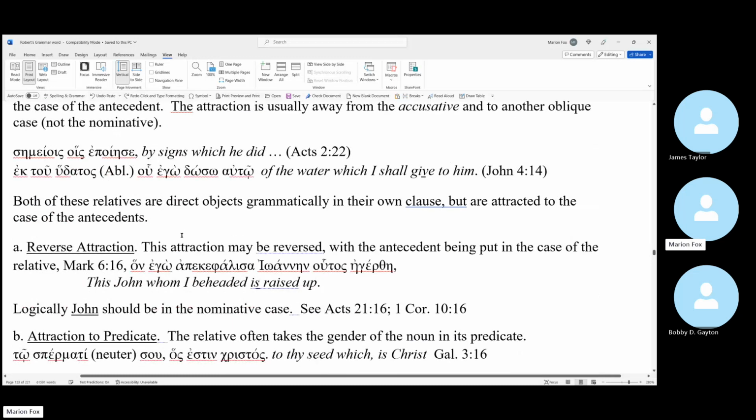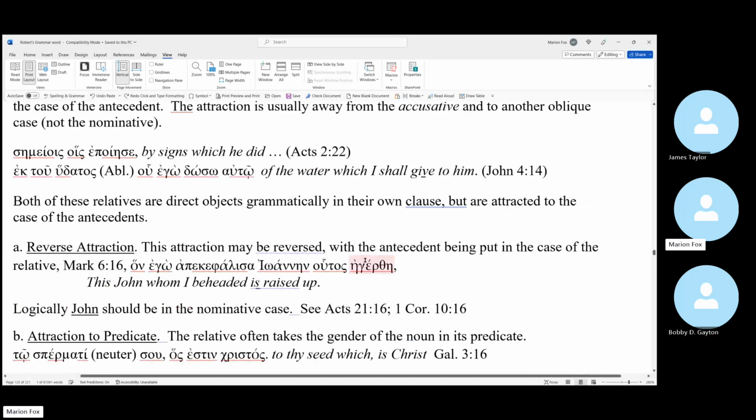There is what's called a reverse attraction, where the antecedent is put in the case of the relative. So he has an illustration of this, and this is Herod speaking: "This John whom I beheaded is raised up."